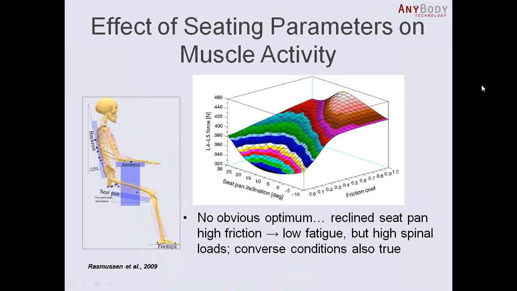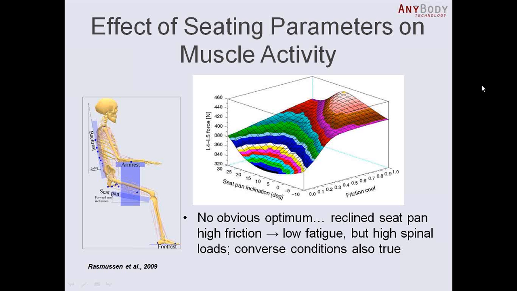Now I'd like to conclude with just a few studies related to ergonomics, which is a popular application for folks studying spine biomechanics, probably due to the high prevalence of low back pain in pretty much every culture worldwide. Rasmussen and colleagues have looked at seating in the workplace in an effort to understand how seat parameters control comfort and fatigue.